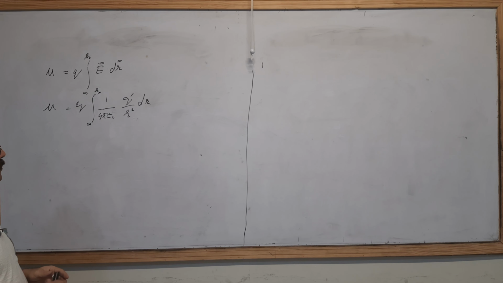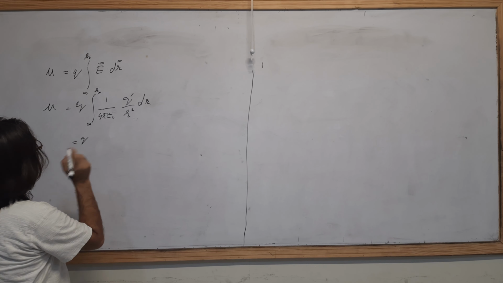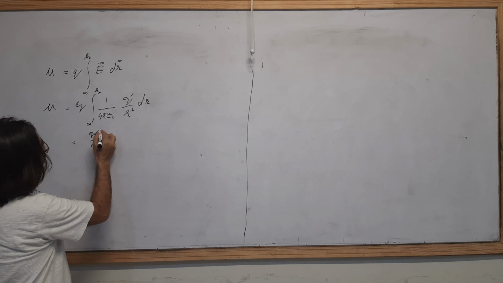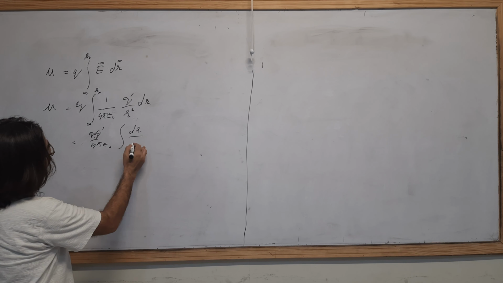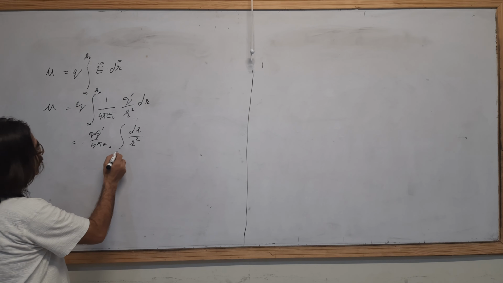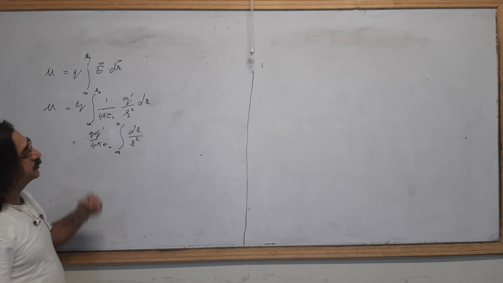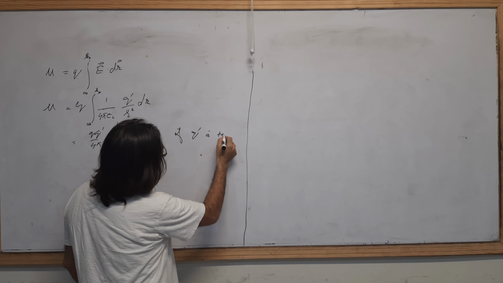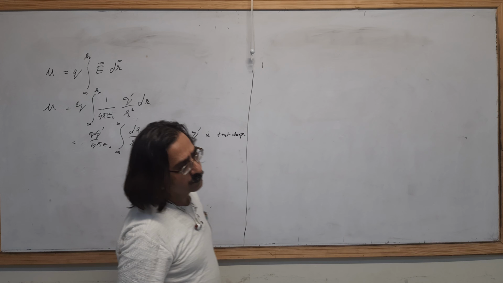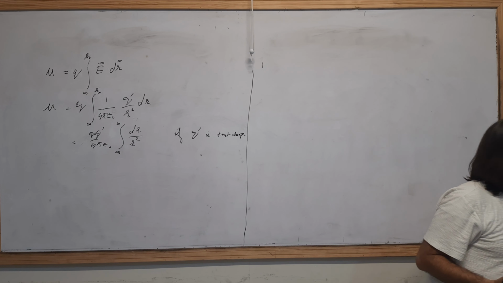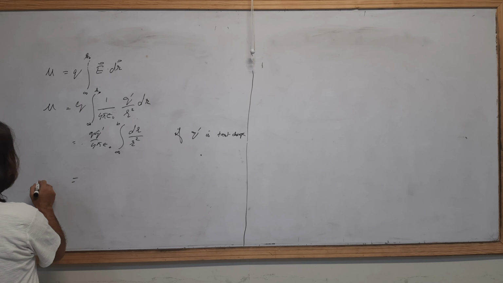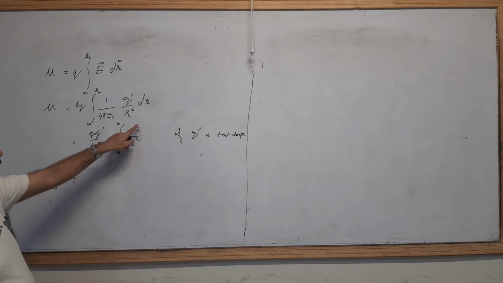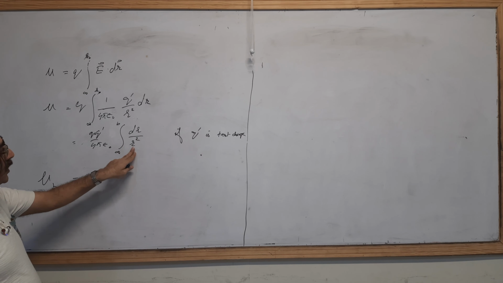Then 1/4 pi epsilon will come out of the summation, Q and Q prime, dr over r square, from infinity to b. If Q prime is a test charge, like a unit charge, then this will be equal to this, and the potential energy will be at infinity, r square and derivative, so a function of r and dr.